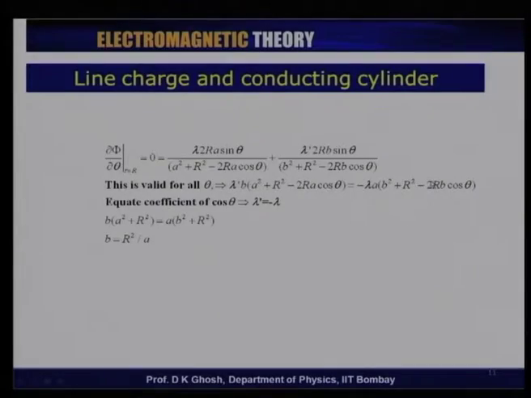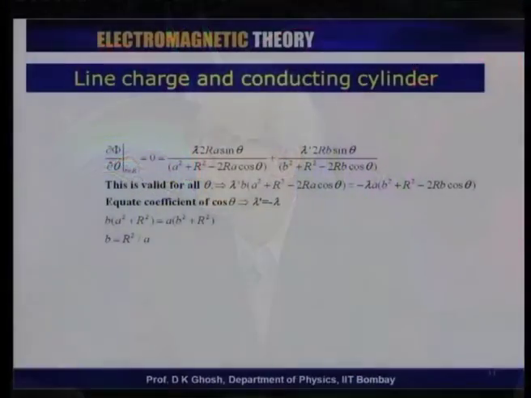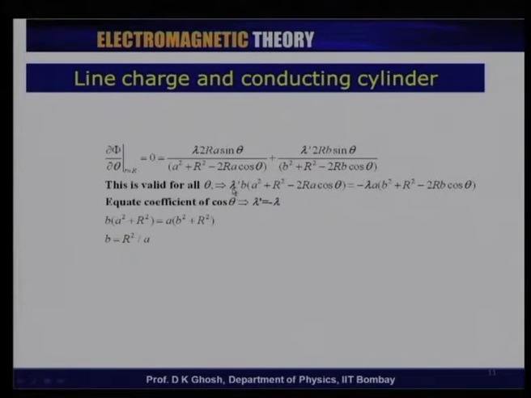Now, if this is to be valid for all theta, then obviously the theta dependent term here must go to 0, and you notice that this is lambda prime b into a, and here also I have lambda into a into b. So, this tells me that lambda prime must be equal to minus lambda, that is, the sign of the image charge is opposite to that of the real charge.